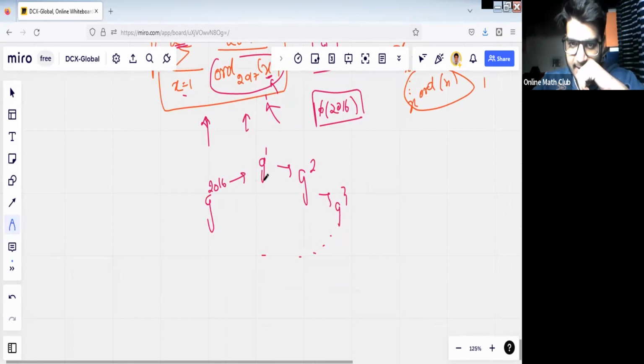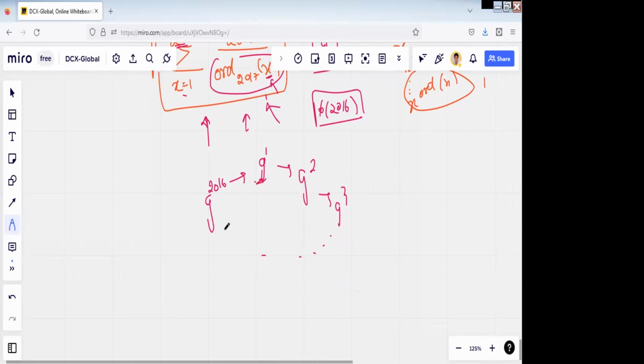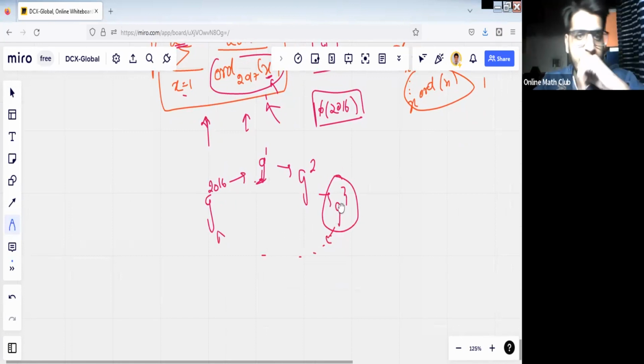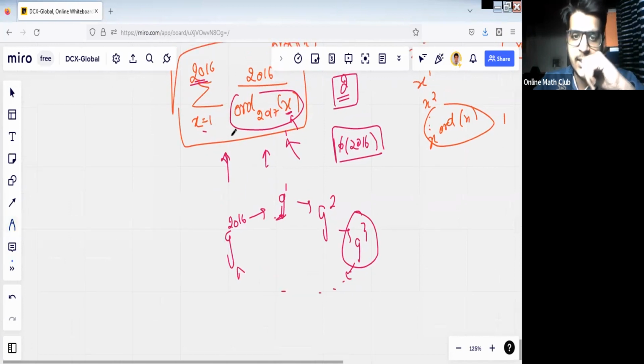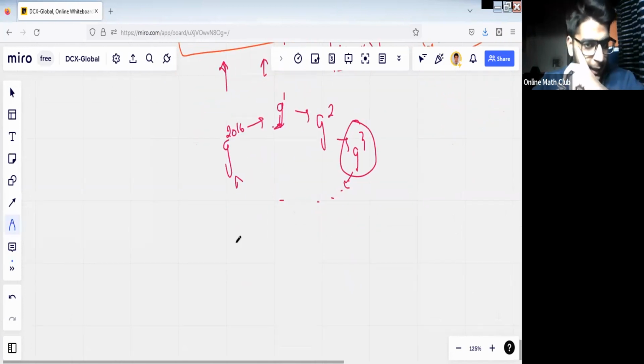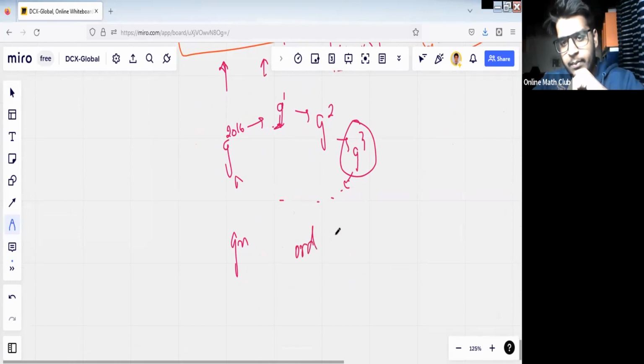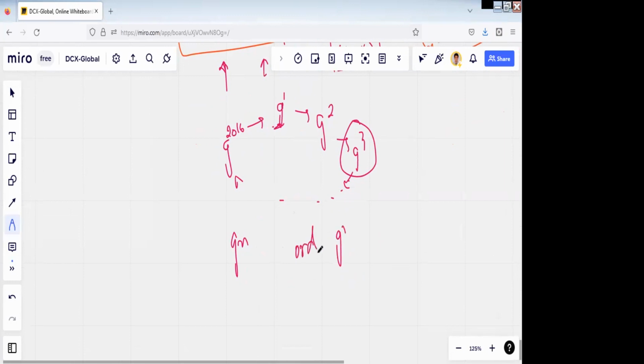So you have this cycle, right? g is a primitive root which exists. You consider a number g to the power n here. All the x from 1 to 2016 are covered in this cycle. So consider any g to the power n. What is the order of g to the power n?